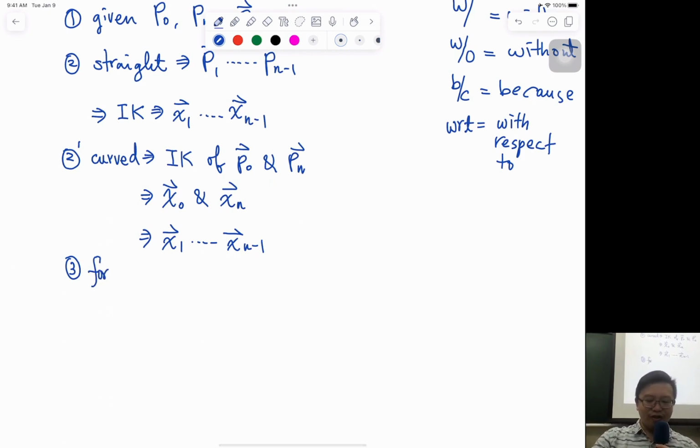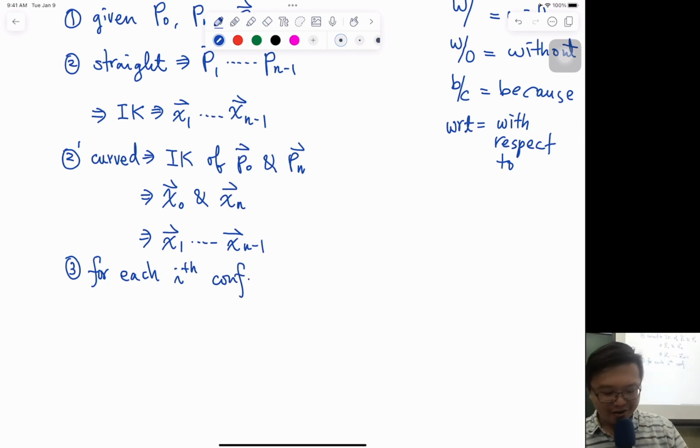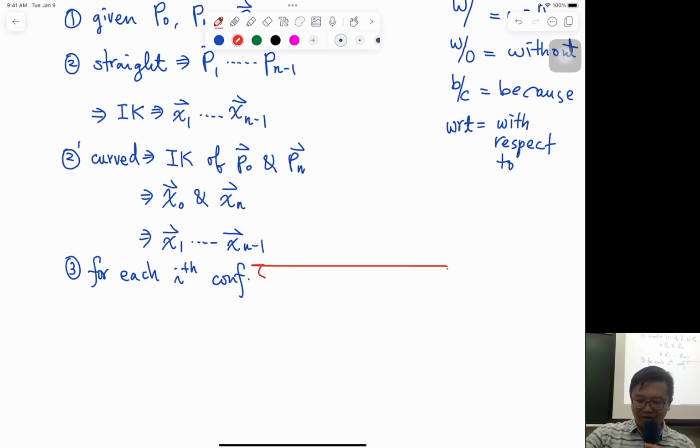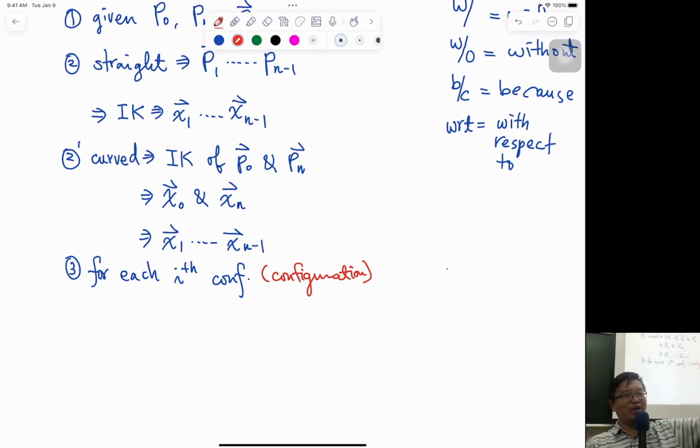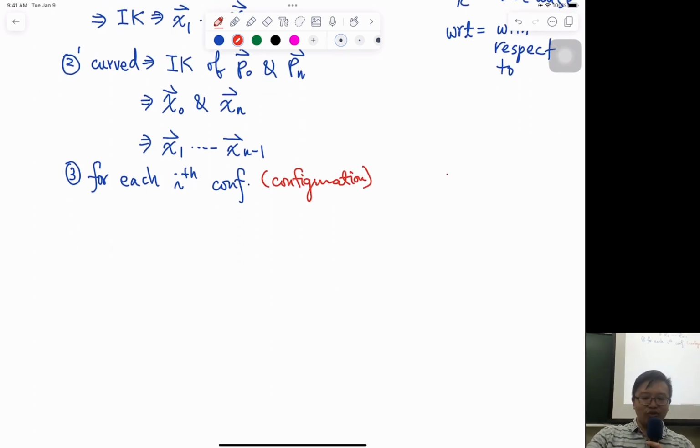So for each ith configuration, conf means configuration, okay? So for the ith configuration, in a computer you need to do a for loop because you need to check every configuration.